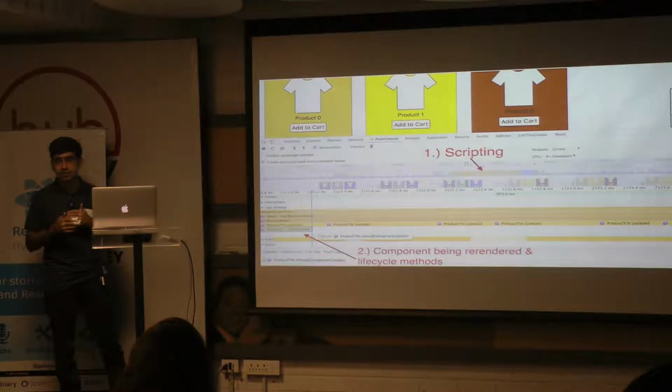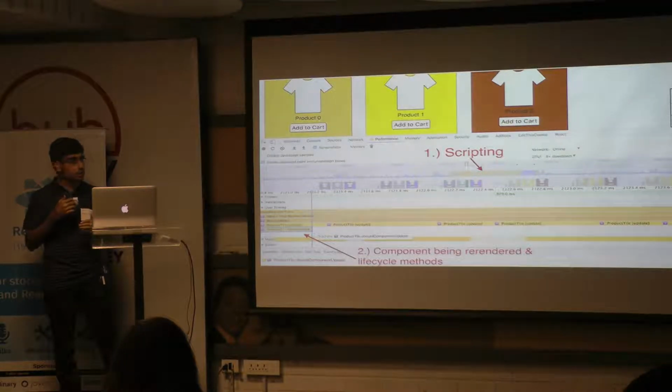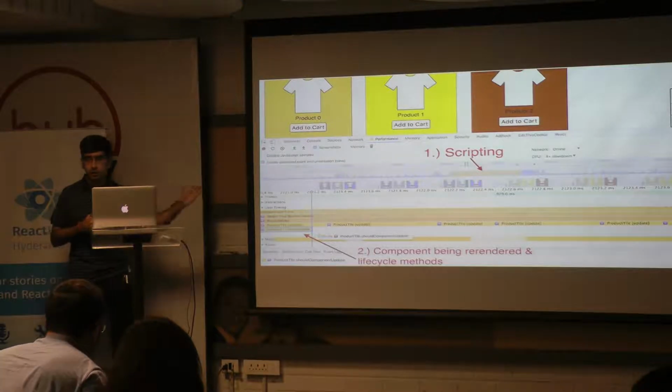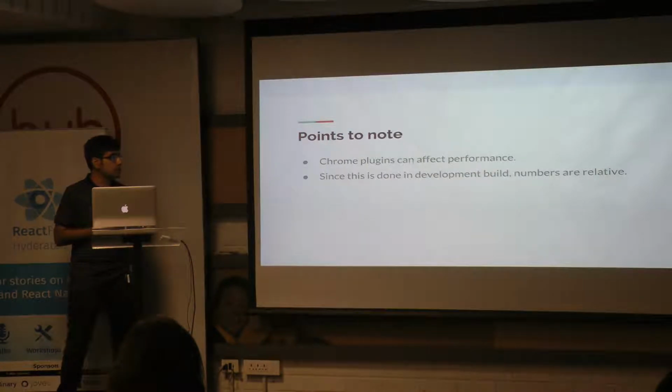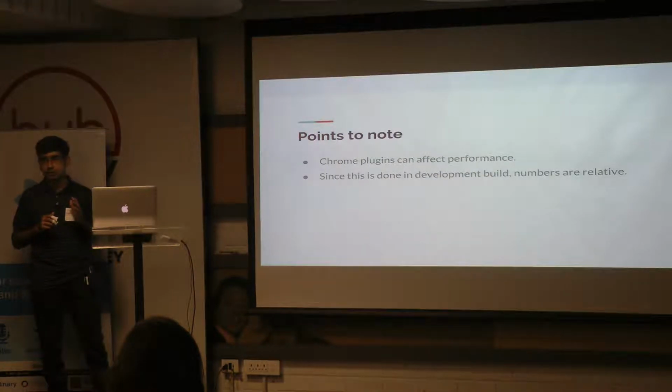So you can see all the re-rendering which is happening and all the lifecycle hooks which are being fired and the time which is being spent on them. Note that since we are doing this with a development build, the numbers are inflated. These are not the numbers which you will see in your actual performance. Second, Chrome plugins can also impact the performance.